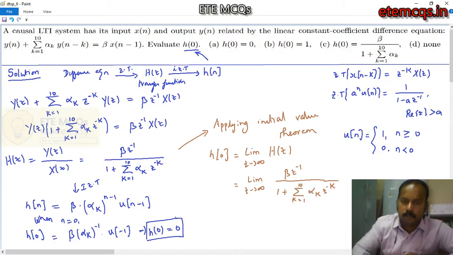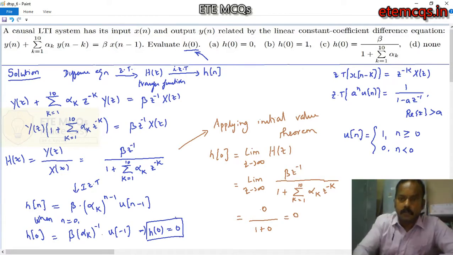When you apply the limit z tends to infinity, you can notice that the terms with z power minus 1 and z power minus k become 0. You will have 0 divided by 1 plus 0. Altogether, it is 0.